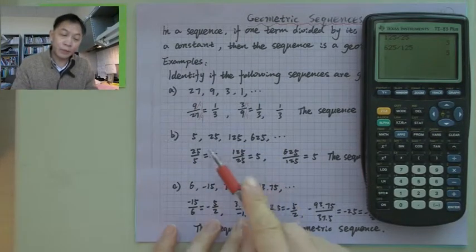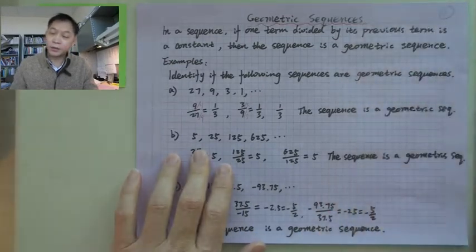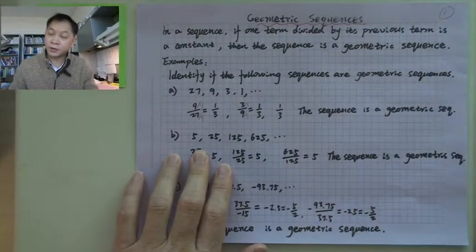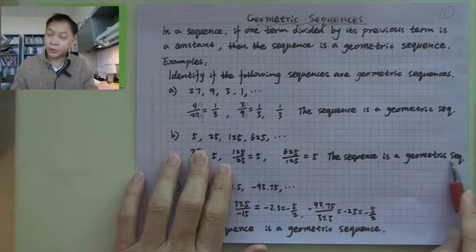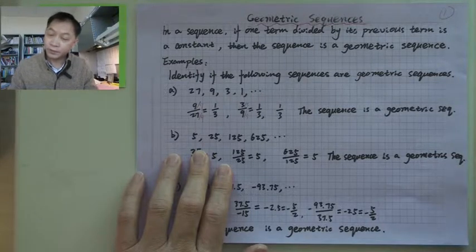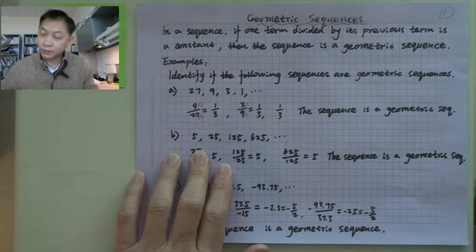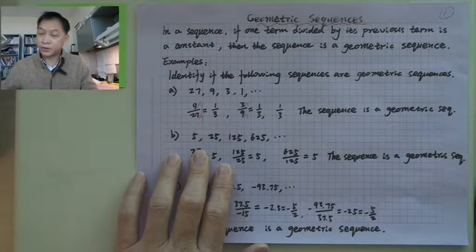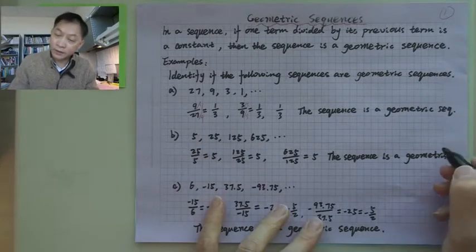So this one, B, is also a geometric sequence.